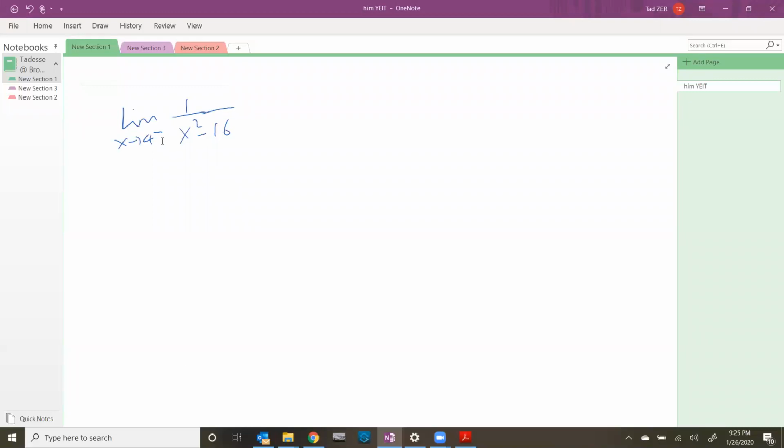It says find the limit of the rational function 1 over x squared minus 16 as x approaches 4 from the left. So what I need to do is I'll try to factor the denominator. So this will give me the limit of 1 over, this is a difference of two squares, x minus 4, x plus 4, as x approaches 4 from the left.